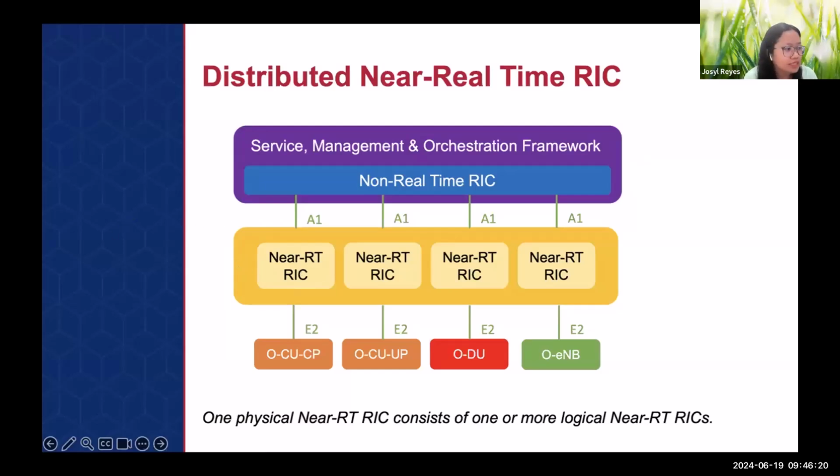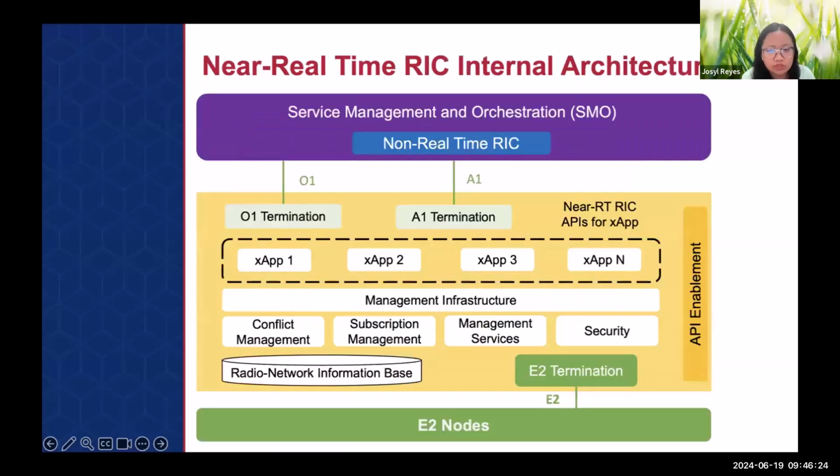And so essentially, the near real-time RIC again is the one connecting to the different nodes, different RANs. Bakit? Because they need to gather the data, the radio network information para ma-optimize nila better, whether they need to perform better network slicing, scheduling, and things like that.